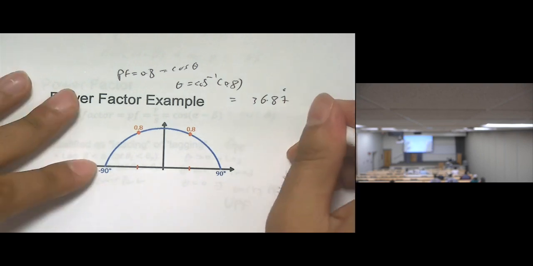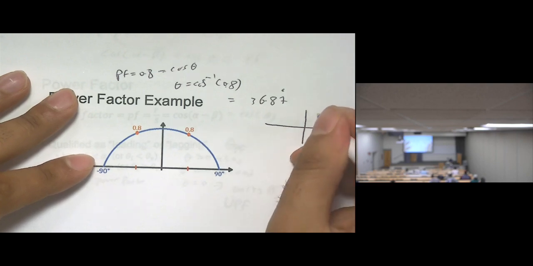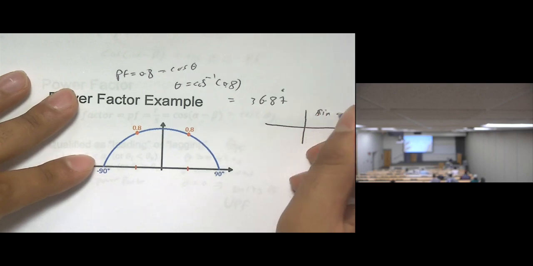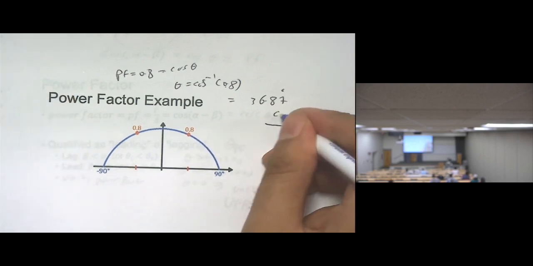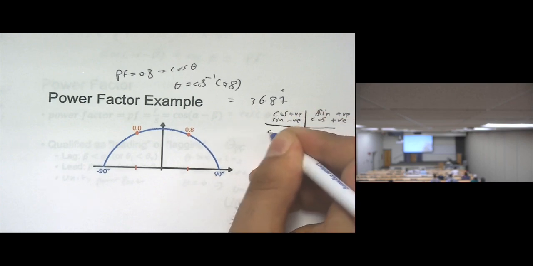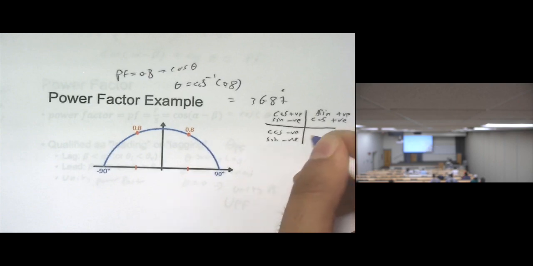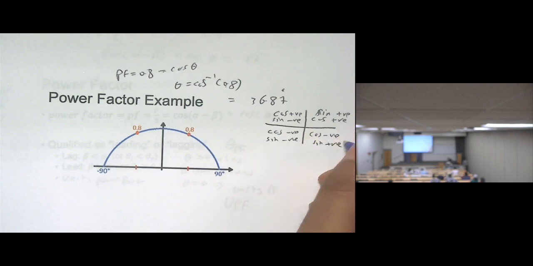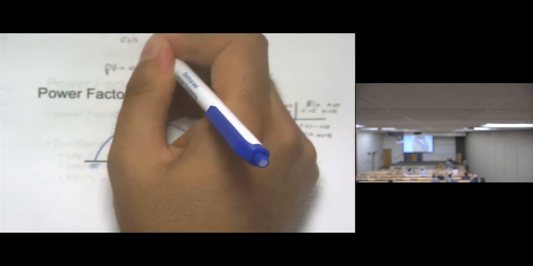Why? Let's recall the four quadrants. In the first quadrant, all are positive: sine is positive, cosine is positive. In the second quadrant, the cosine is positive, the sine is negative. In the third quadrant, both are negative. And in the fourth quadrant, cosine is negative and sine is positive. And let's recall that cosine is an even function.